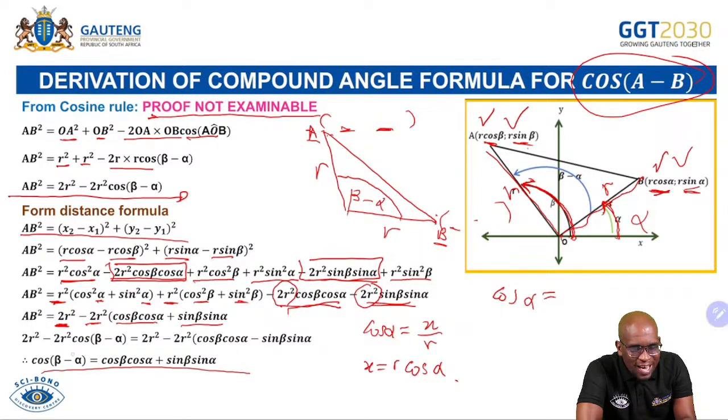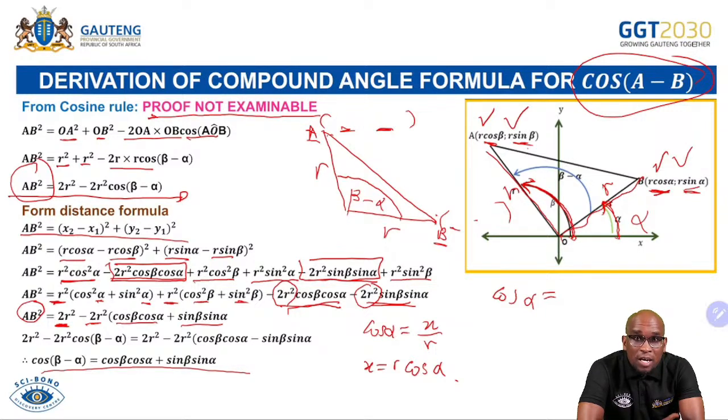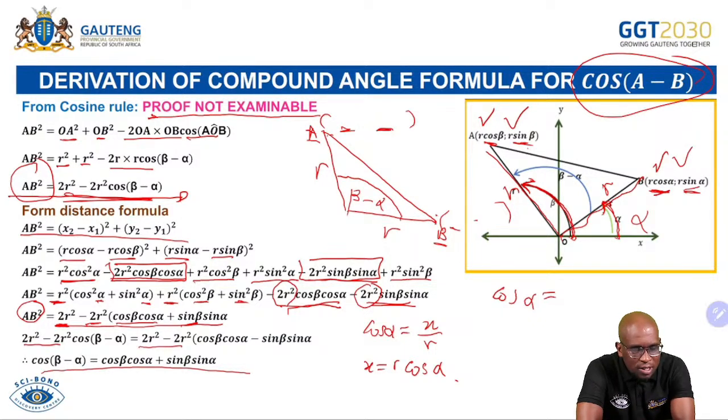And then from there, we are going to equate. Remember, we have the length of AB squared from the cosine rule and the length AB squared from the distance formula. If we equate the two and simplify, we get 2r squared minus 2r squared cos beta minus alpha, and similarly here, we get the same.